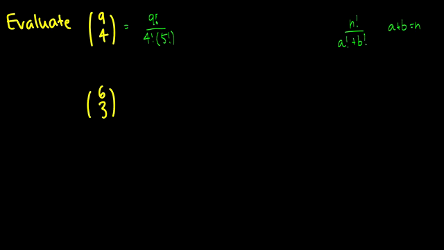The 2 bottom numbers add up to the top number. If you're confused about what numbers you should be multiplying together as factorials, the 2 bottom numbers, if you add them, should equal the top.